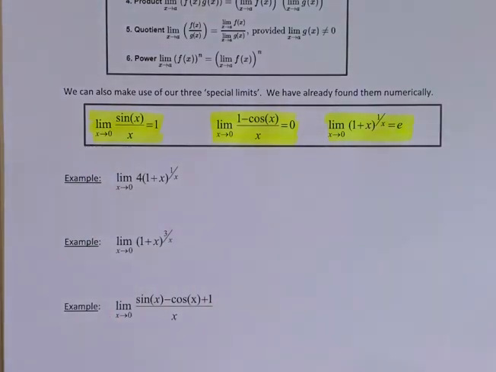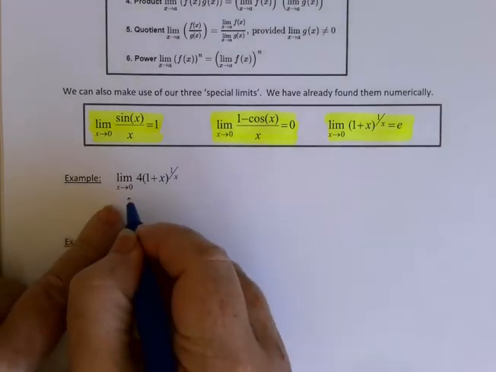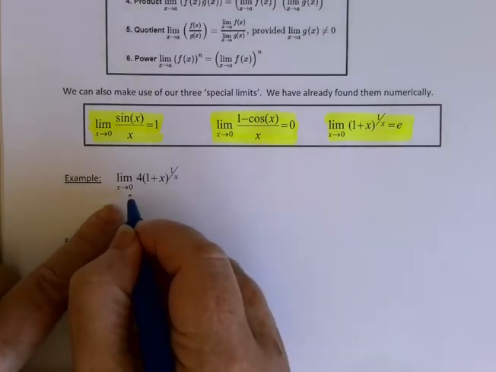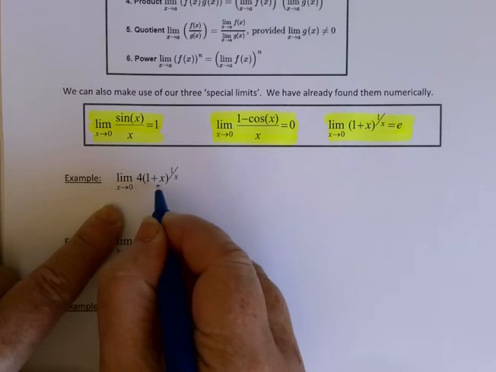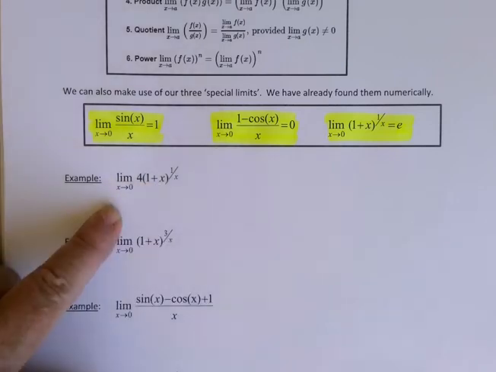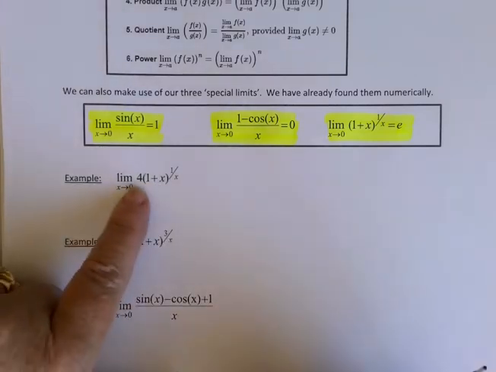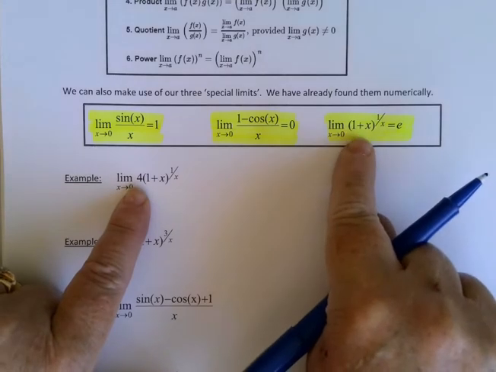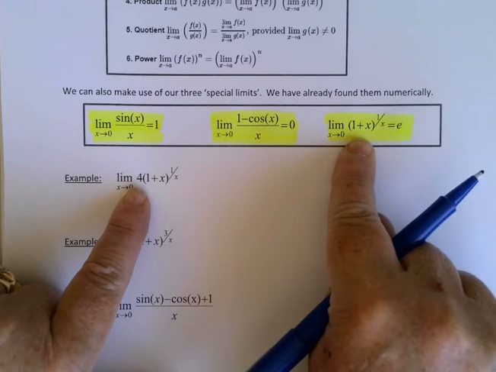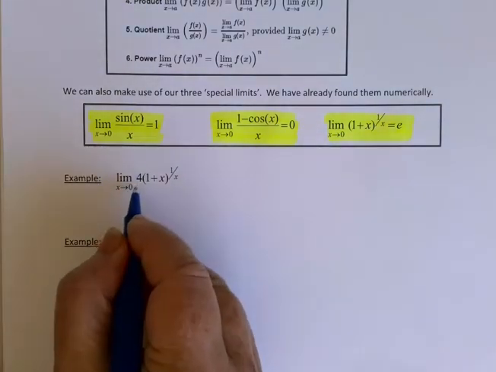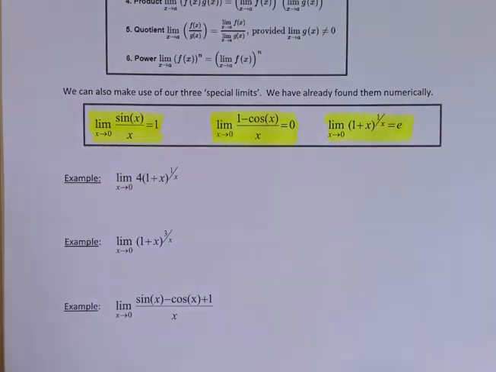First of all, I want the limit as x approaches 0 of 4 times 1 plus x to the 1 over x. You'll notice that other than the factor of 4, that's exactly the same as this limit over here. And one of my limit laws says it's okay to pull the constant multiplier out of the limit.